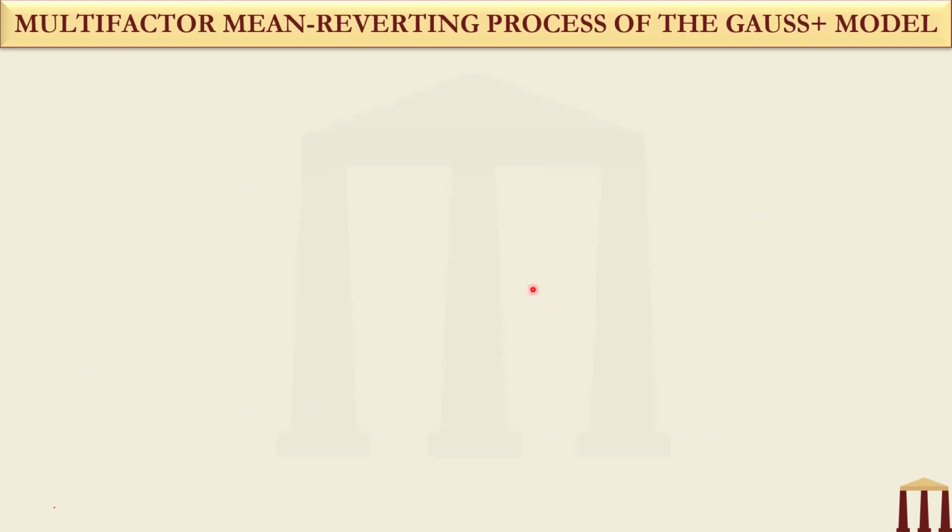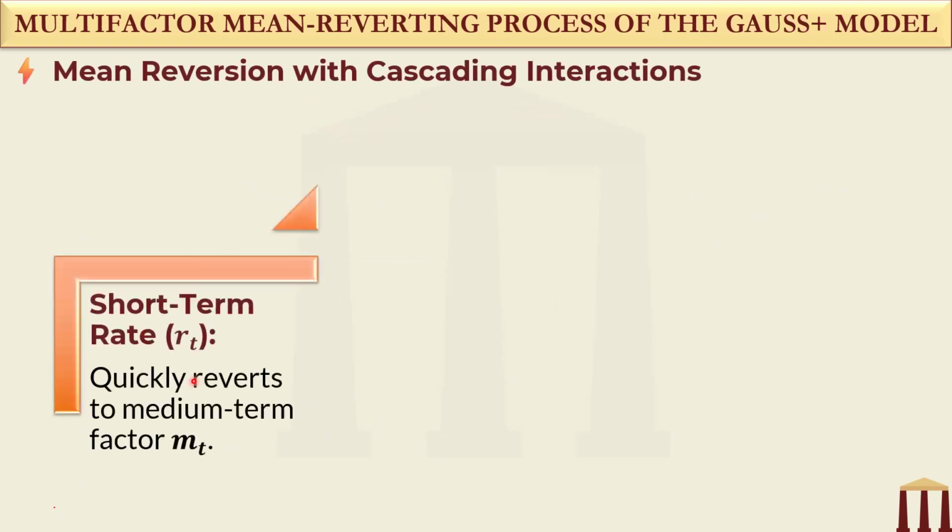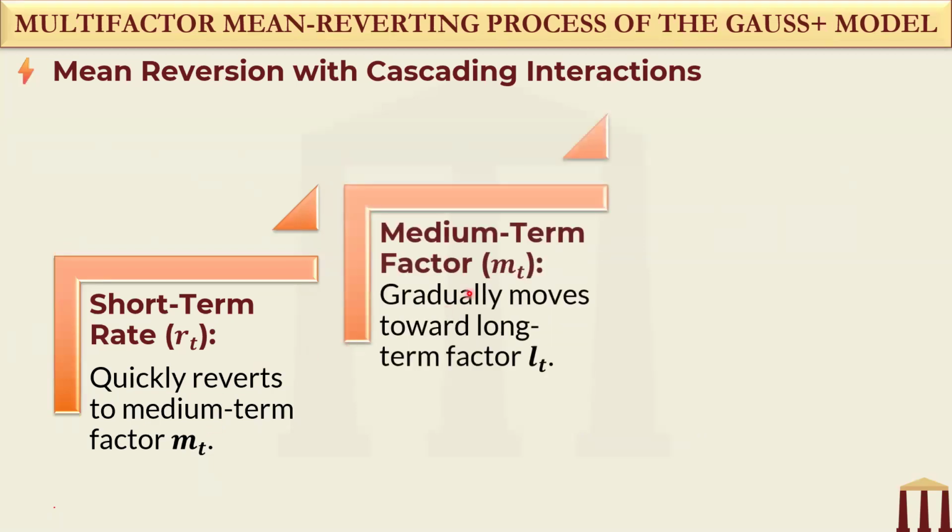Now, how do these factors interact? Okay, cascading interactions. Now, the short-term rate, RT, reverts quickly to the medium-term factor, MT. Okay, so short-term rates adjust quite quickly to align with medium-term expectations. The medium-term factor moves more gradually towards the long-term factor LT.